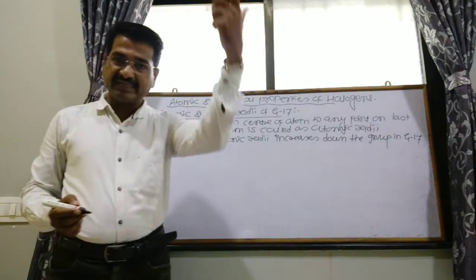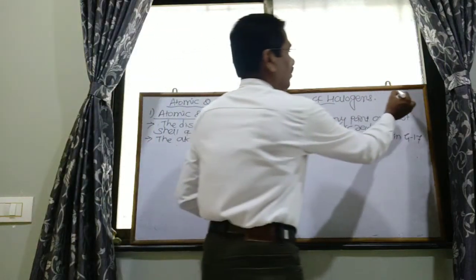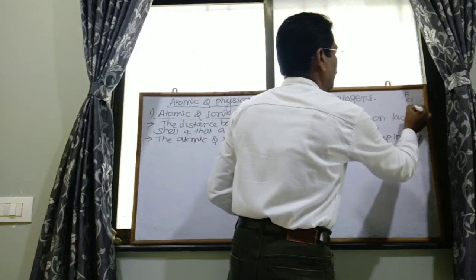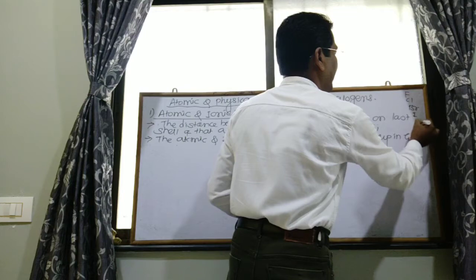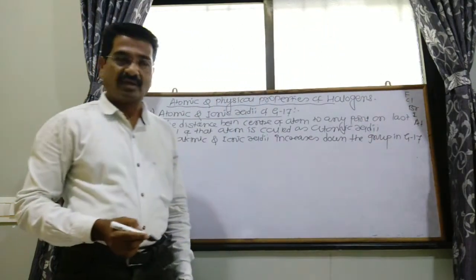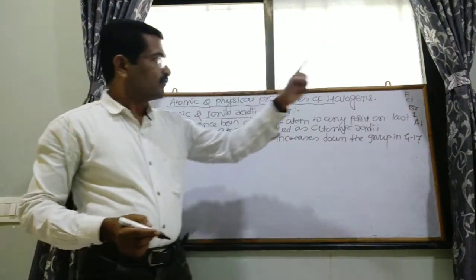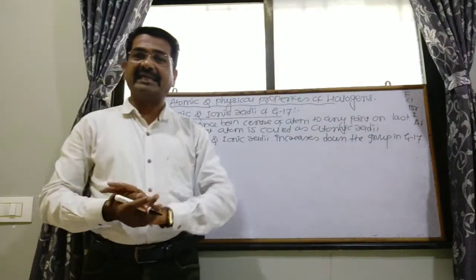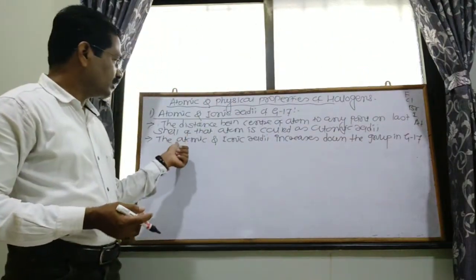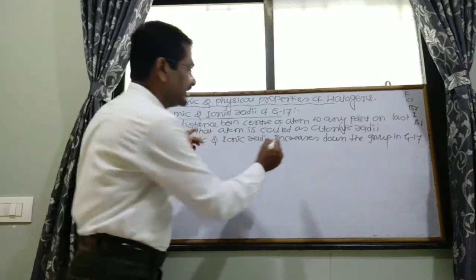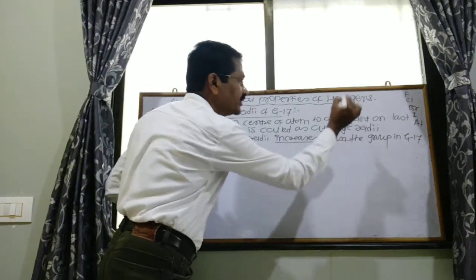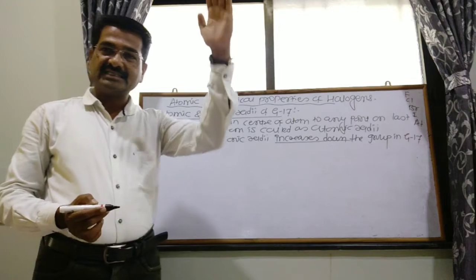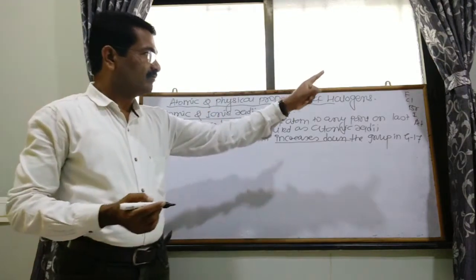You know G17 elements are fluorine, chlorine, bromine, iodine, and astatine. Atomic radii from fluorine to astatine, down the group, increase.